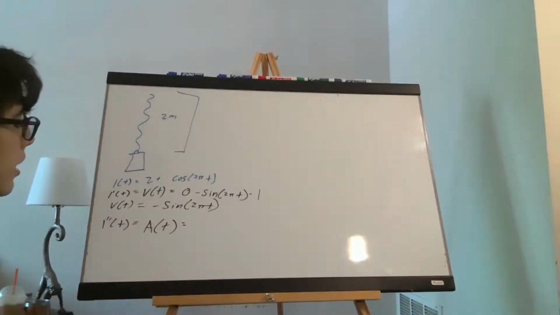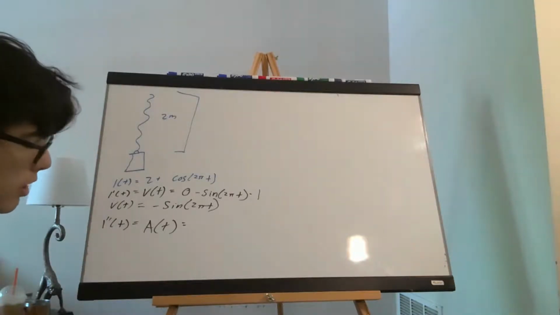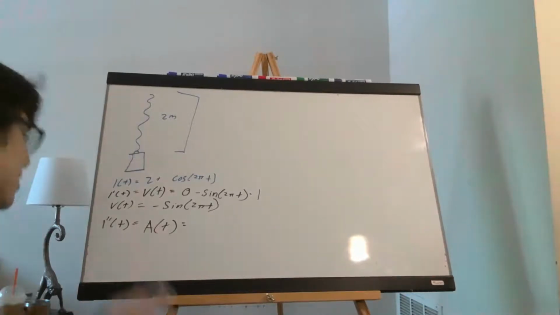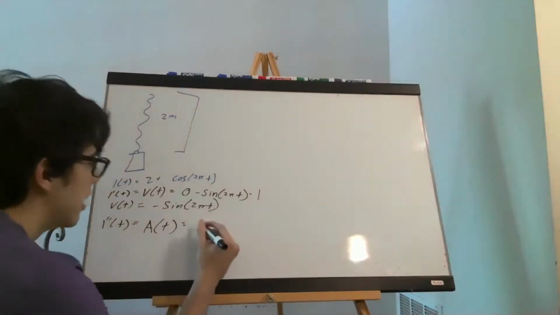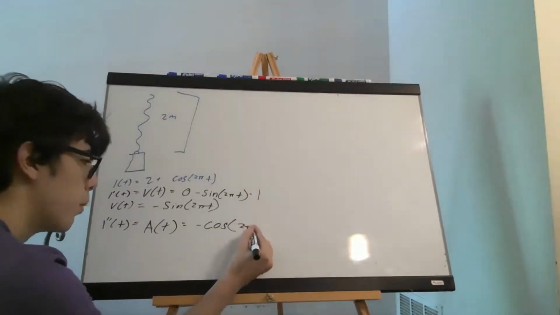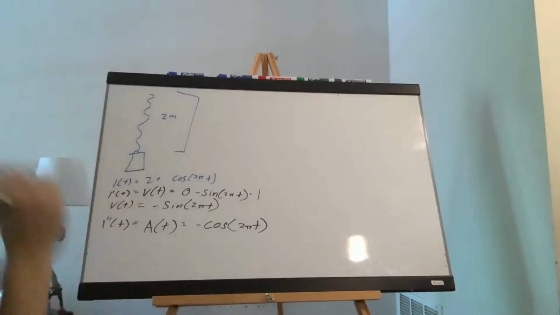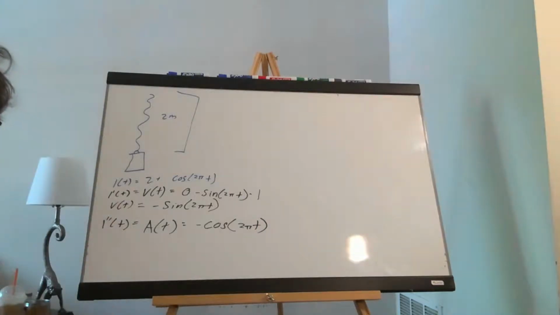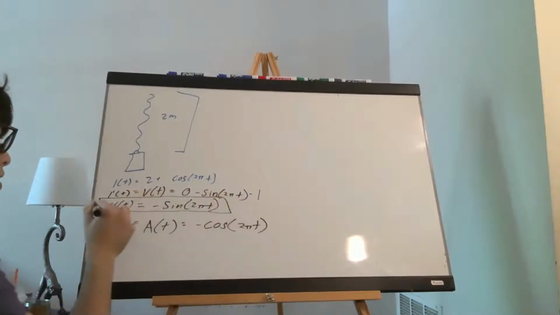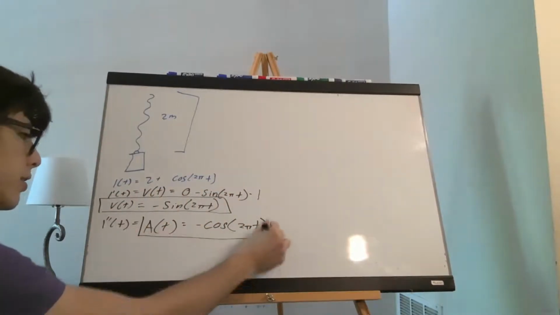That becomes negative sine, so sine goes to cosine, so negative sine obviously must go to negative cosine of 2 pi times t. And there you have it. You got your velocity and your acceleration.